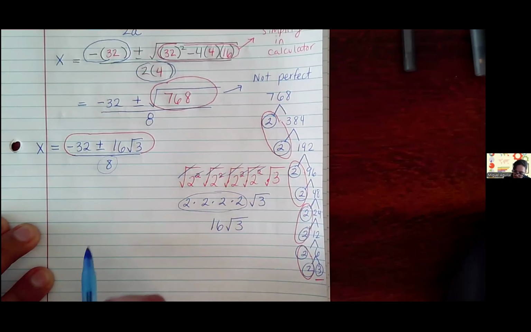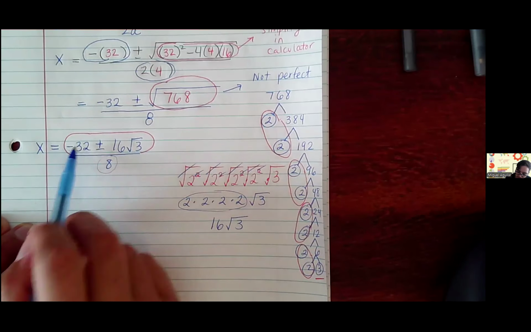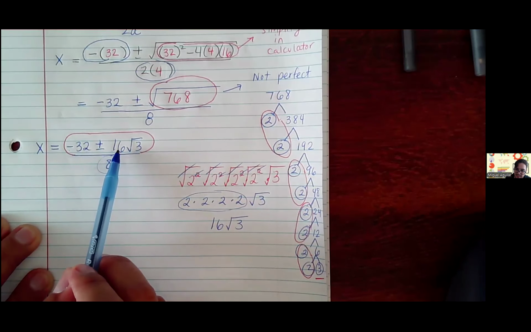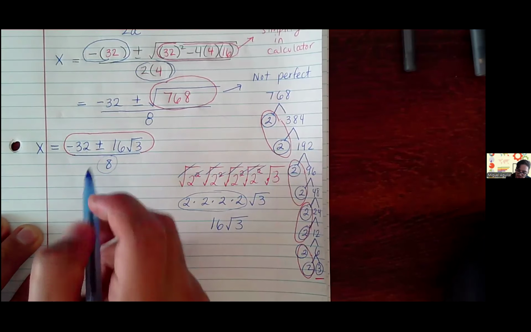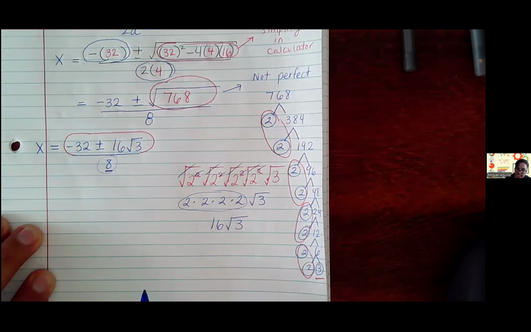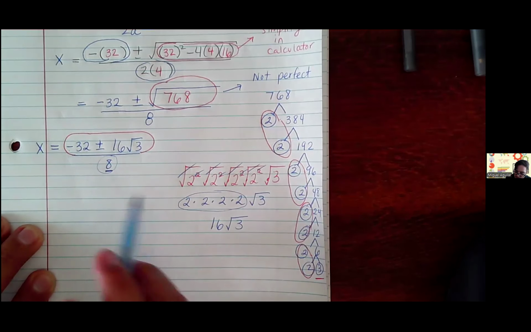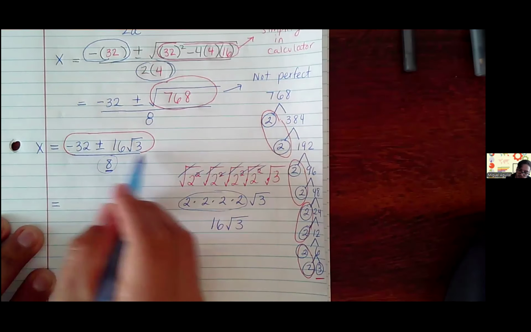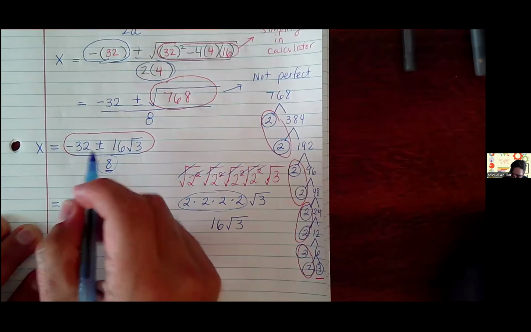Okay. So I know that the greatest common factor between negative 32 and 16 is 16. Okay. But the most I'm going to be able to cancel out is going to be a factor of an 8 with that denominator. So in this instance, I'm not going to decide to factor out the GCF. I'm just going to factor out a factor of 8.